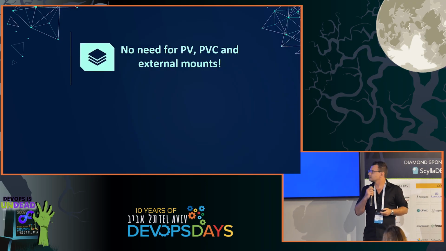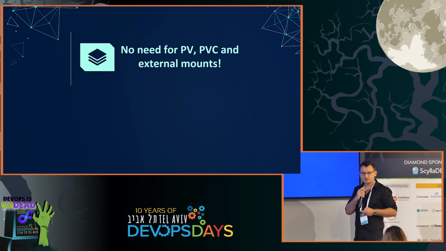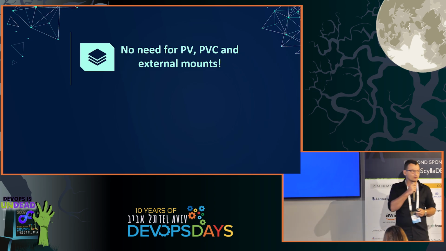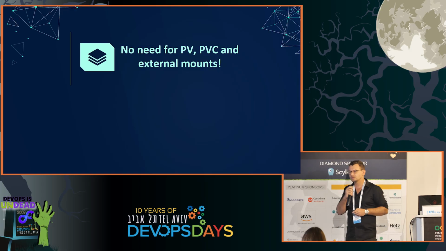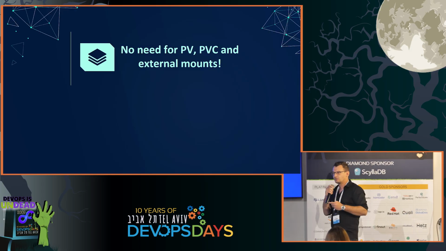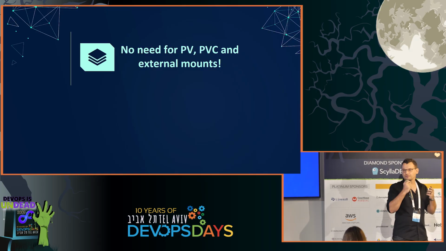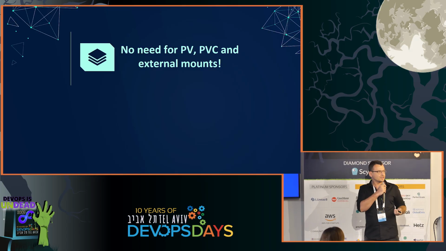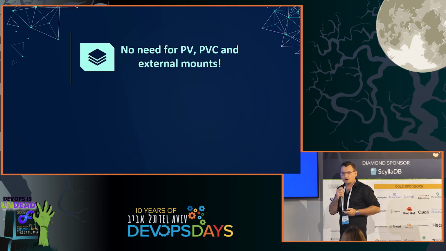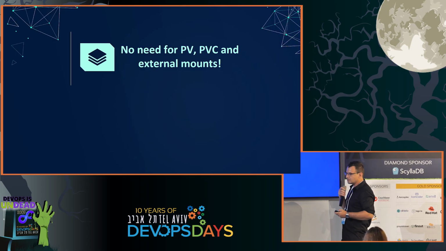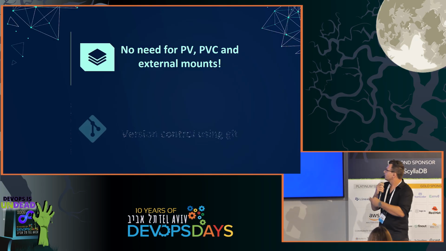What does it give us? We don't need persistent volumes, persistent volume claims, and external mounts anymore. Personally, I don't like to deal with mounts and volumes. By keeping this configuration as code, every time the Grafana pod dies and gets restarted, or maybe your EC2 instance is restarted, the deployment will come up, scan your Kubernetes cluster with the configuration that you did, and add it.